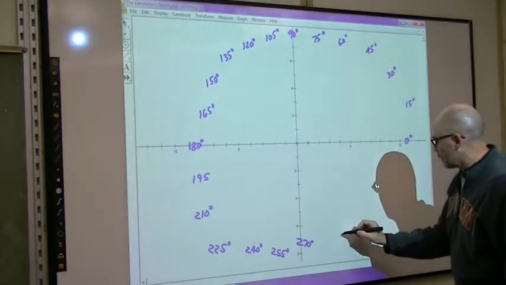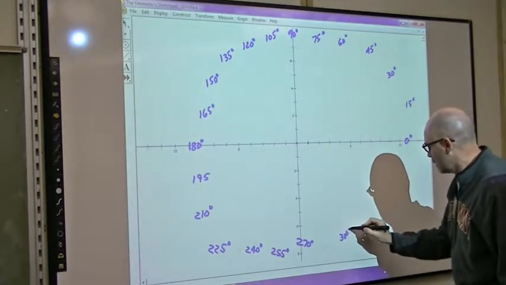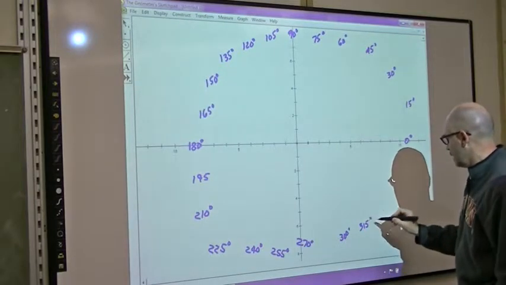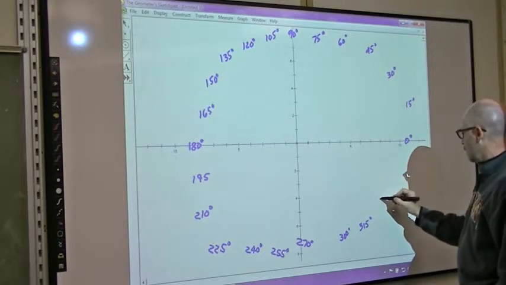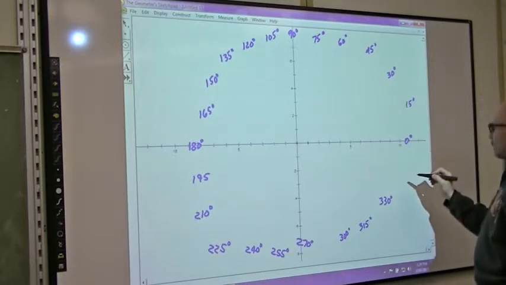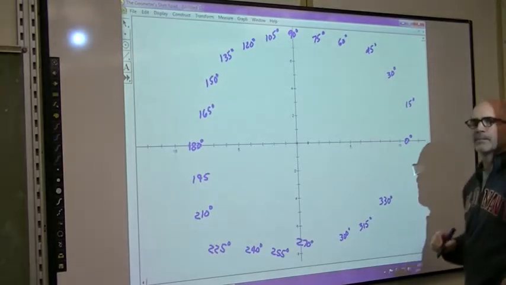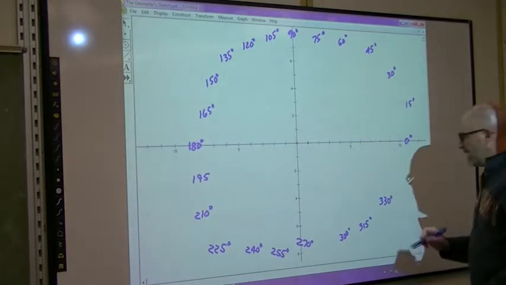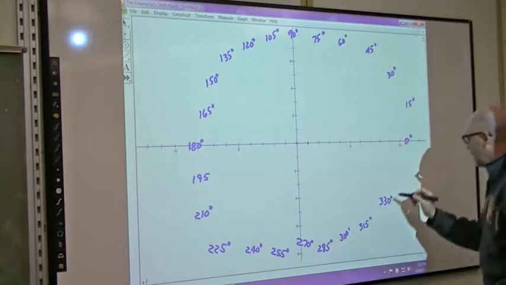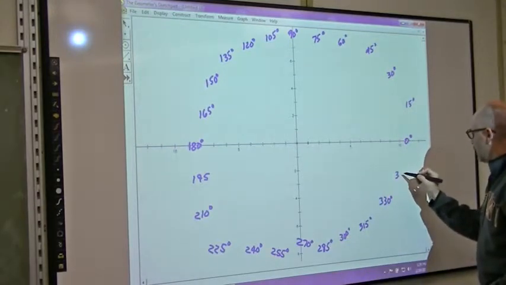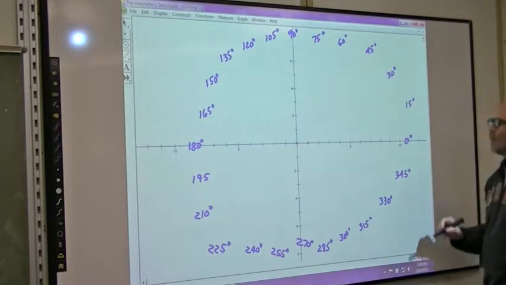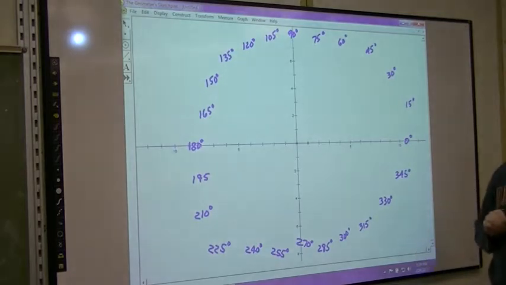So we've got 300, 315, 330, and 360. Okay, so we can fill these in. So this would be 285, and this is 345. So we see that we've got angles every 15 degrees.